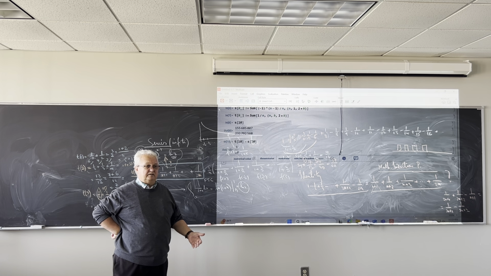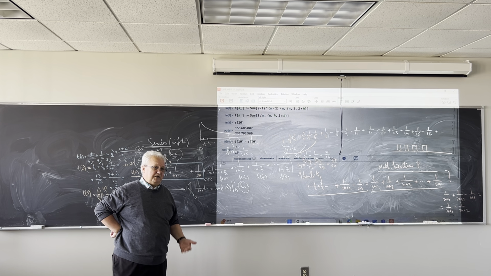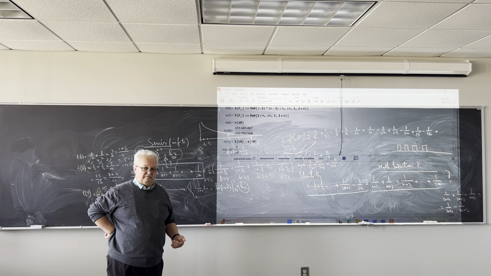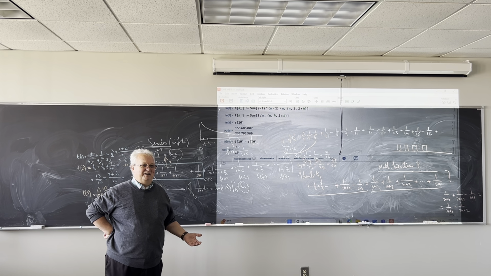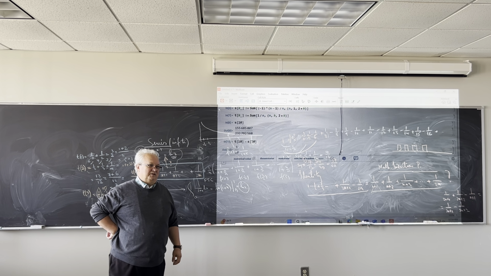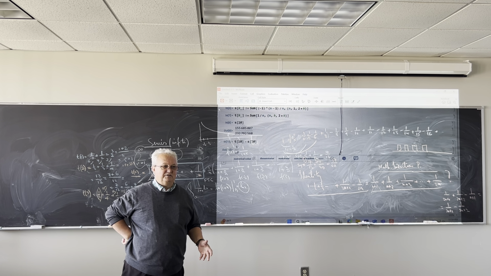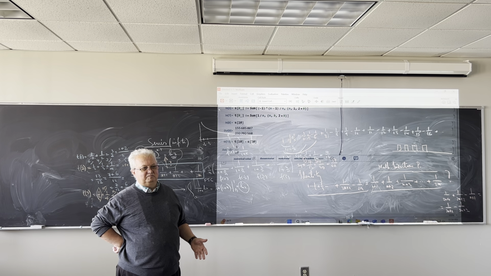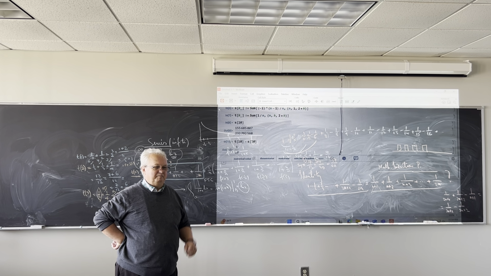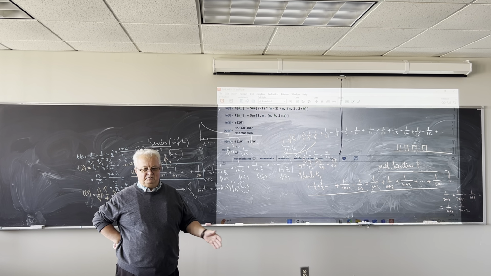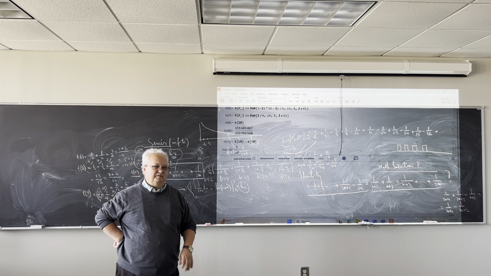It would have been nice if it was unique, because then we would have a way to write a real number as a rearrangement of the harmonic series, which would be really interesting, but that's not true. So a good question is: suppose you want to rearrange it to get your preferred number, let's say 1. How can you rearrange it to get 1?